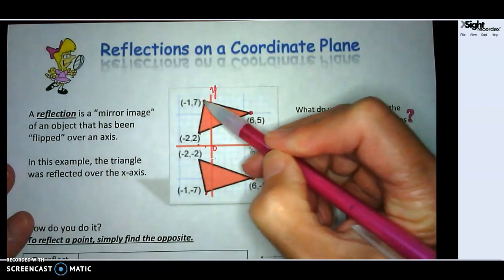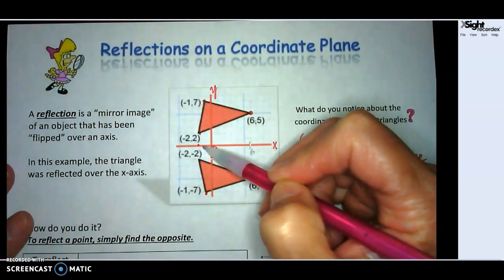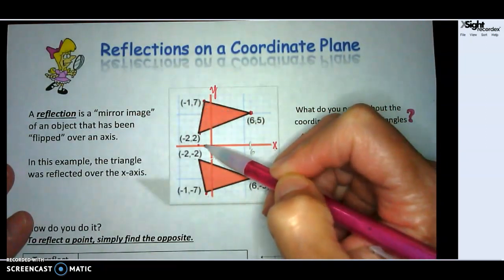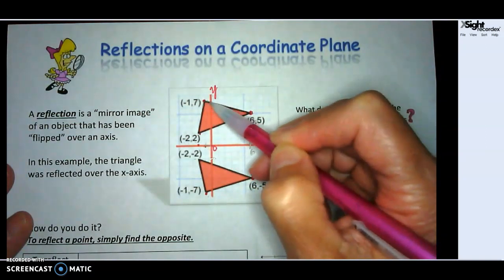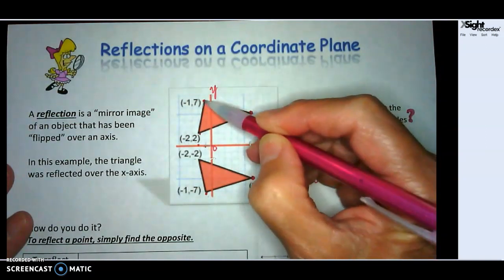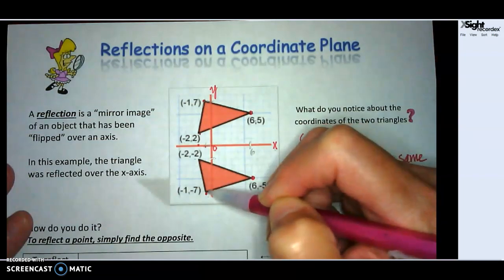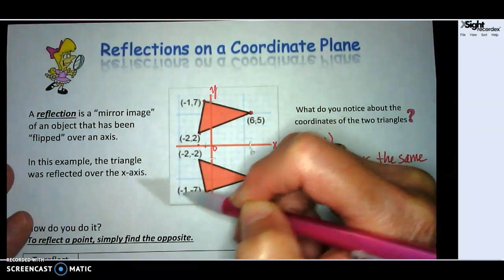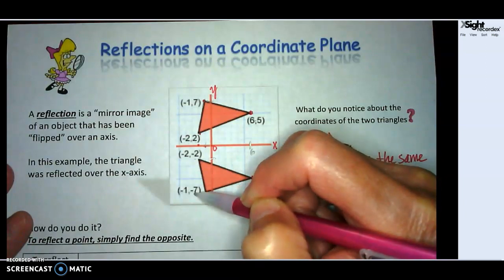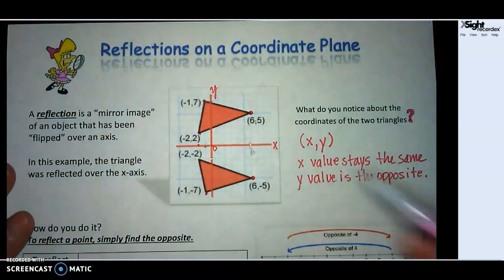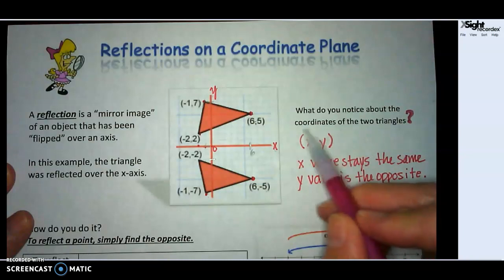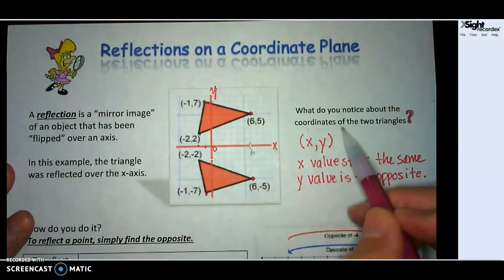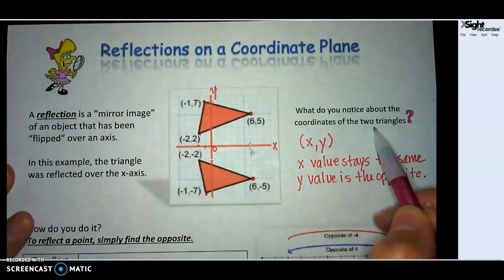And the same thing for this point, (-1, 7), because we've gone over -1 and up to 7. When this point is flipped over the x-axis, it becomes (-1, -7). So hopefully after looking at those 3 points, you've noticed one thing about what happens to the coordinates of the two triangles.